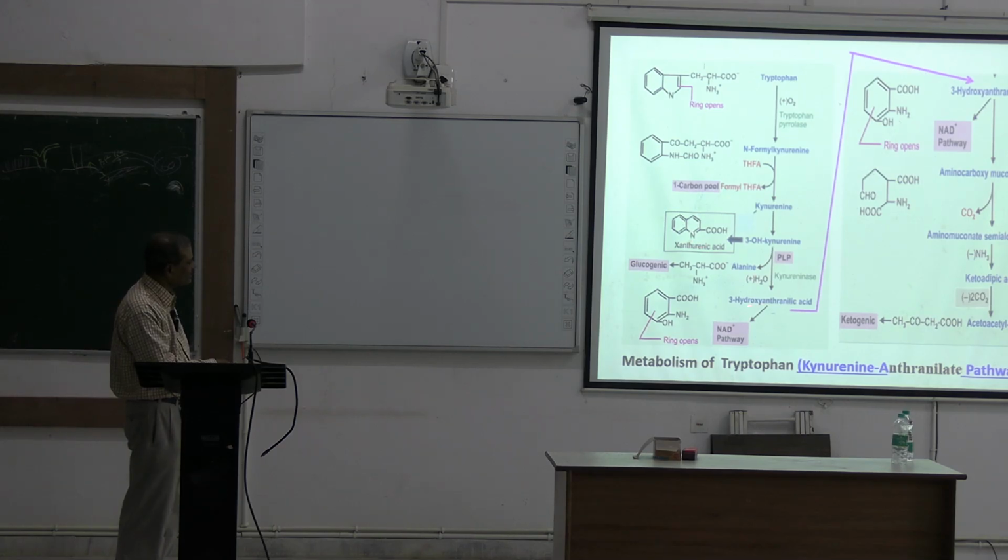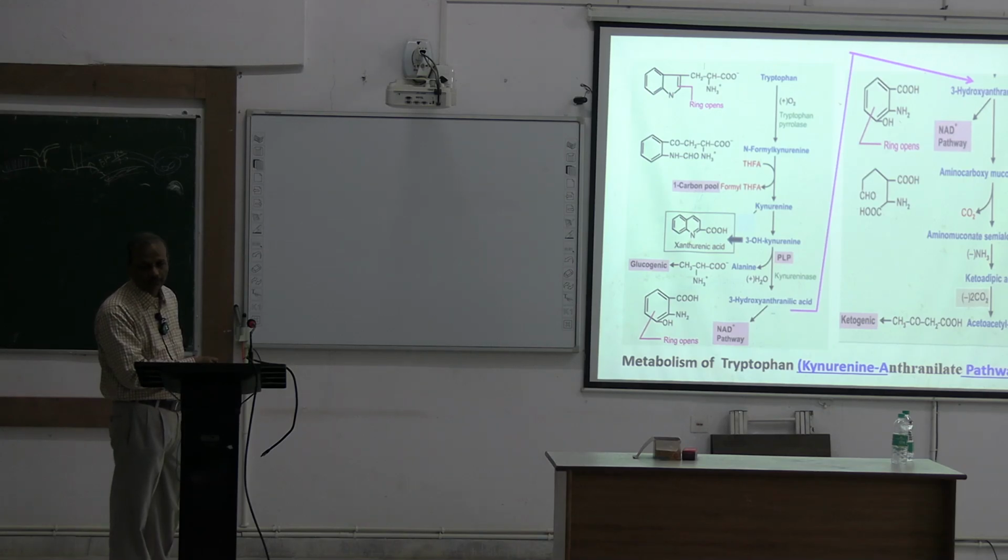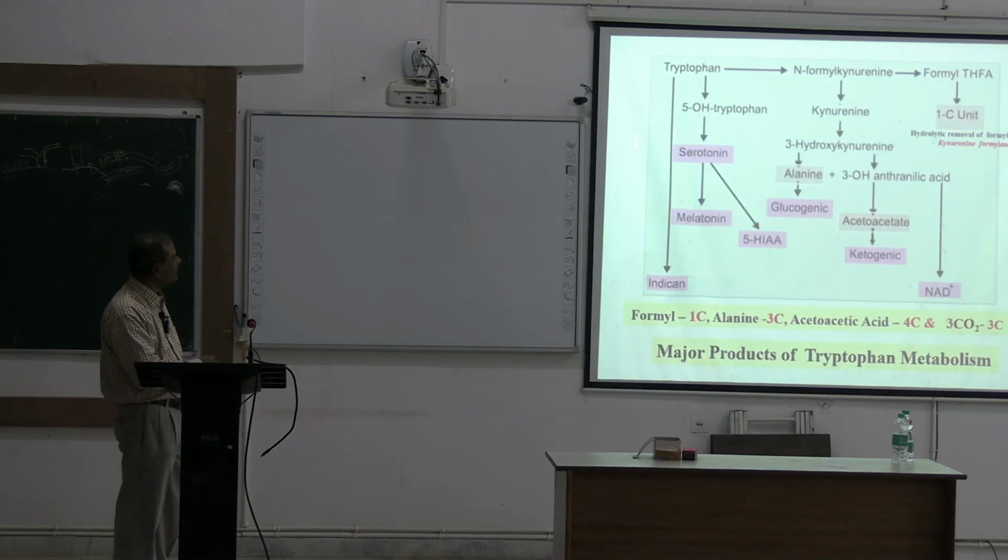So this 3-hydroxyanthranilic acid is the point from where the main route is going, and the other 2 routes are also from 3-hydroxyanthranilic acid, that is NAD or niacin or nicotinamide mononucleotide, dinucleotide, or the melatonin serotonin pathway. Okay. So you see here the same structure that I have shown you.